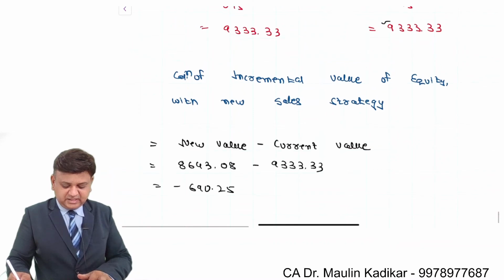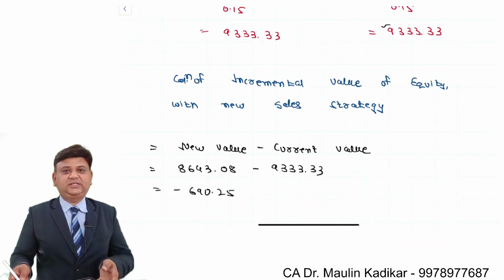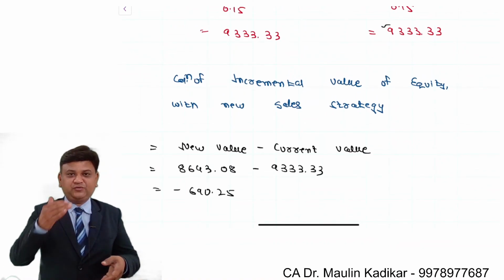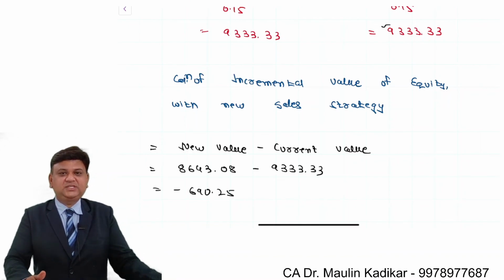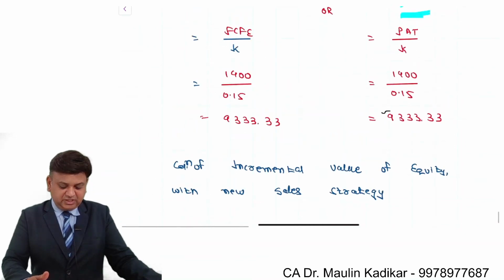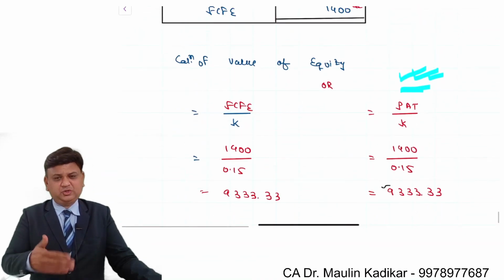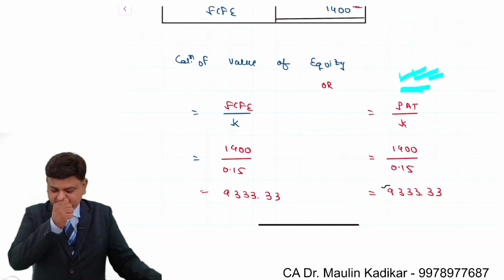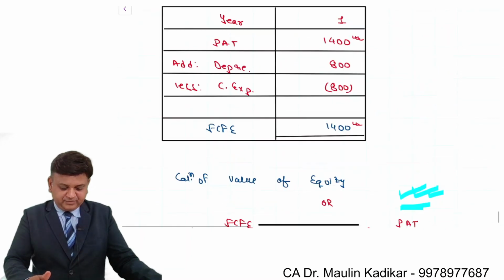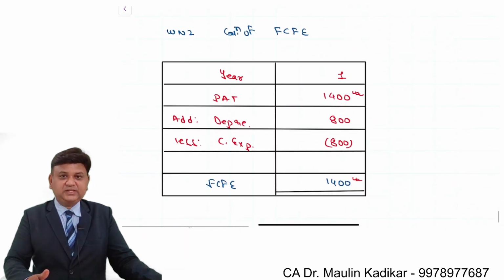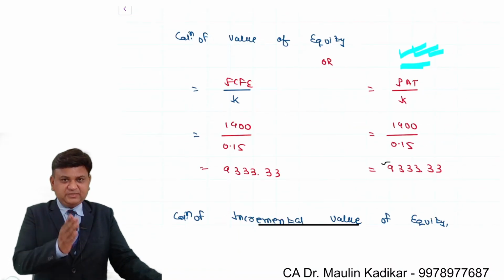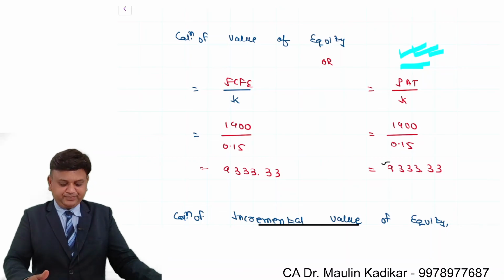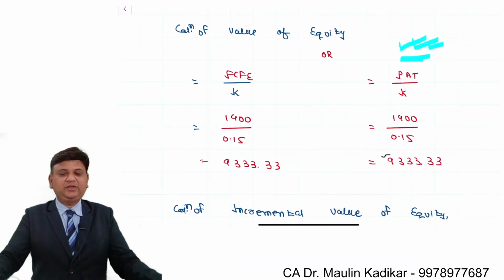It means that if at all we adopt the new sales strategy, value of the equity is falling down. So we understand that the decision is that the new sales strategy should not be adopted. Friends, if at all the new sales strategy is not adopted, this 1400 is the cash inflow at the end of year 1. The same is discounted in present value term. So this value of the equity is of year 0.